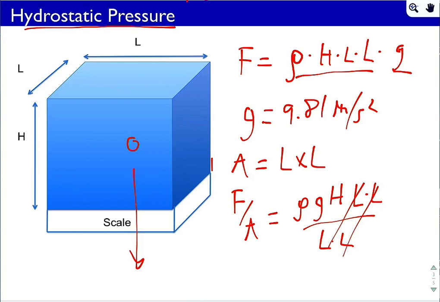The pressure on the scale, if we were to put a pressure meter anywhere under that block, would read a value equal to rho, the density of the fluid, times G, the gravitational acceleration, times H, the height of the block. It does not depend on this length scale or this length scale here. It does not depend on that.